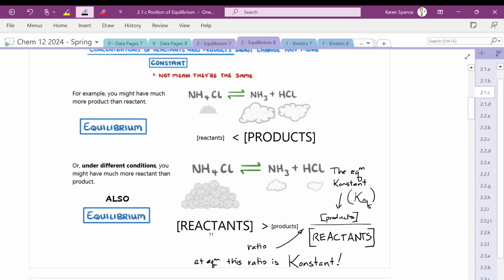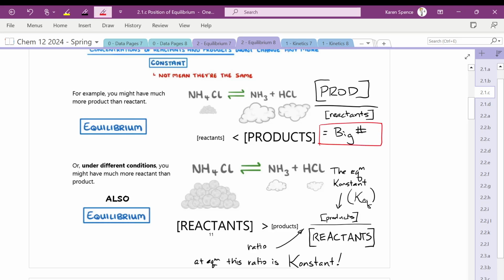But if we go up here and we have a large concentration of products over a small concentration of reactants, is that going to give us a small number or a big number? That gives us a big number. How about down here?